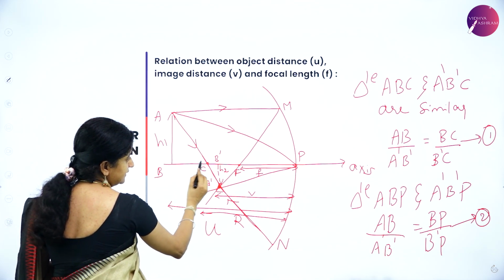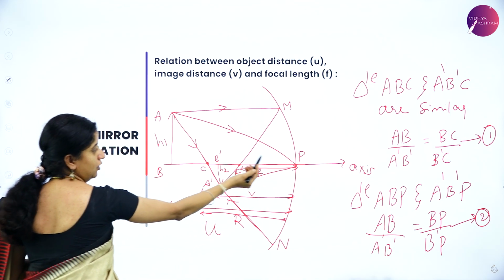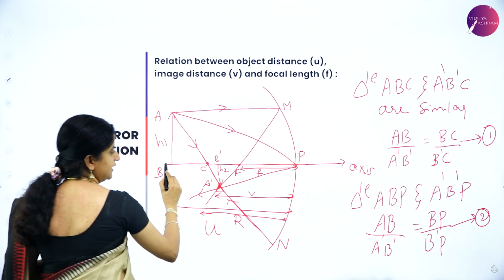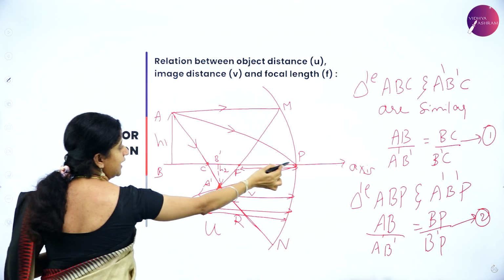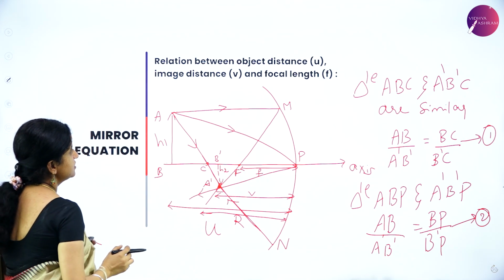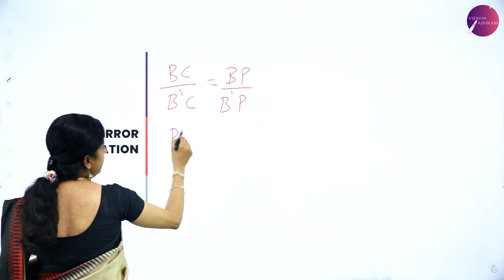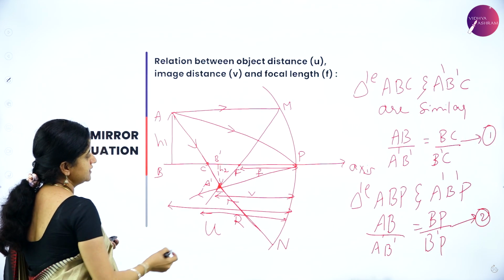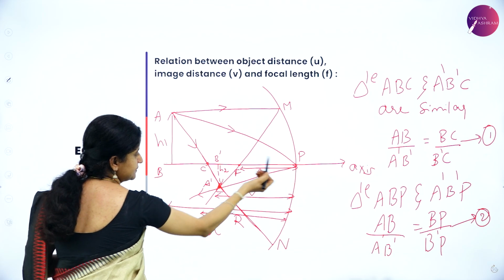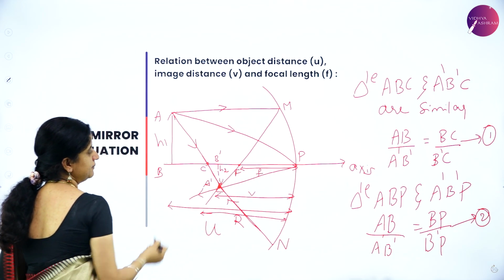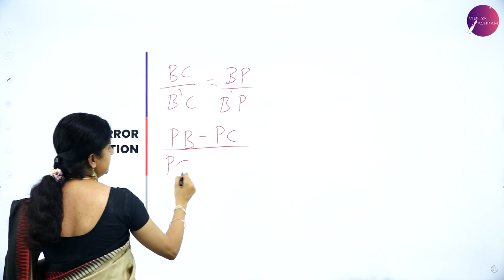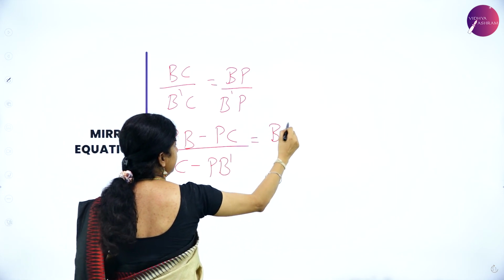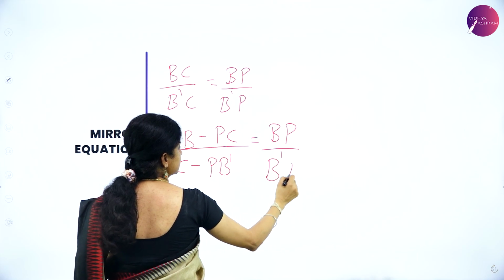BC is nothing but PB minus PC. If you take the difference between PB and PC, you will get BC. So I'll write it as PB minus PC divided by B dash C, which is PC minus PB dash. So I can write it as (PB minus PC) divided by (PC minus PB dash) is equal to BP divided by B dash P.